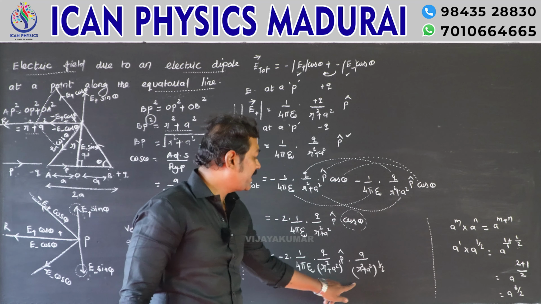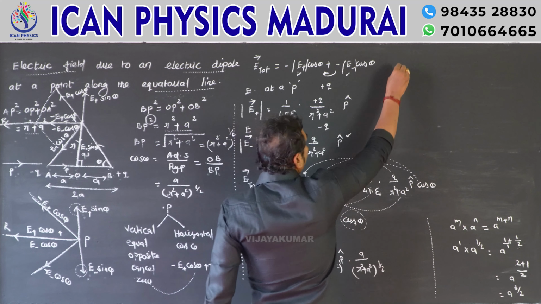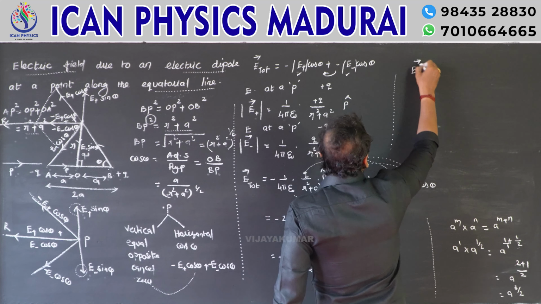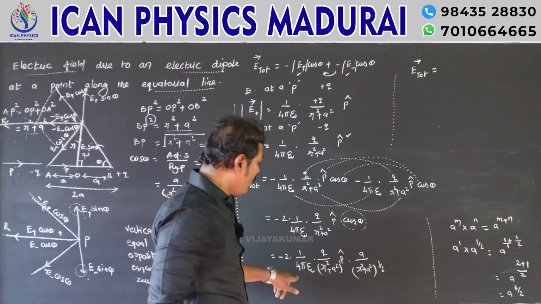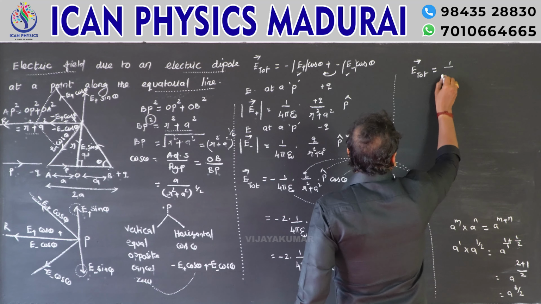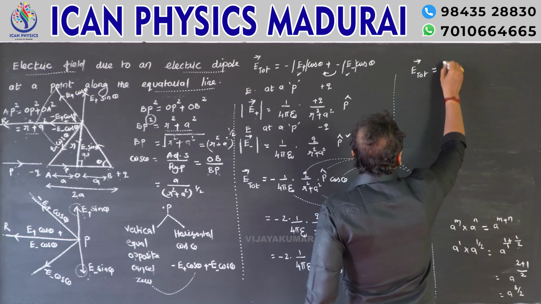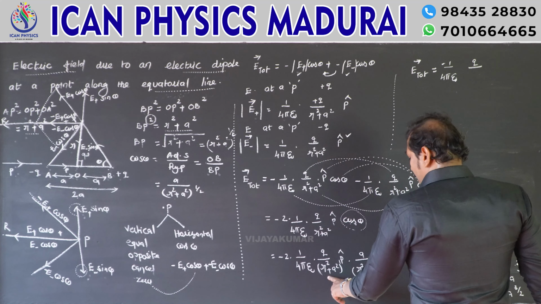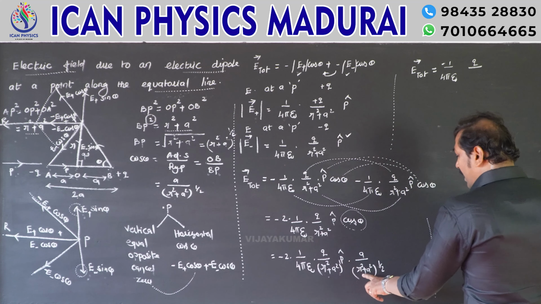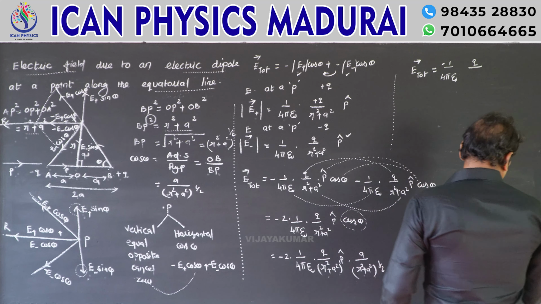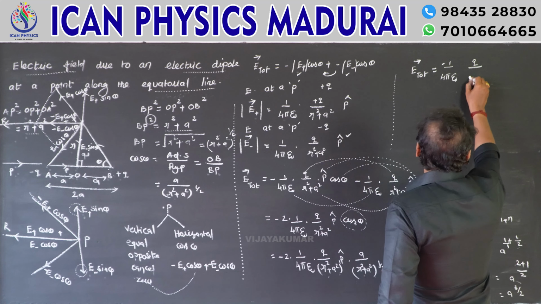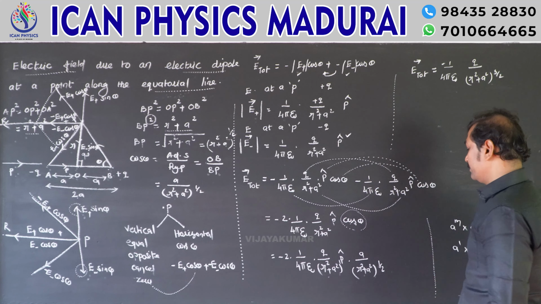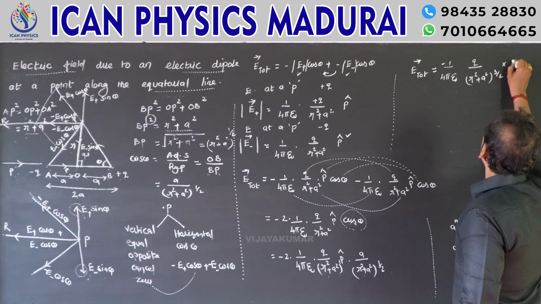So how can we modify this? The total electric field equals 1 by 4 pi epsilon 0 into q by r squared plus a squared power 1 into r squared plus a squared power half, so we can write power 3 by 2, that is r squared plus a squared power 3 by 2 into a.